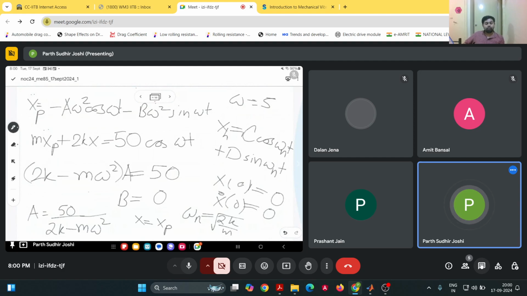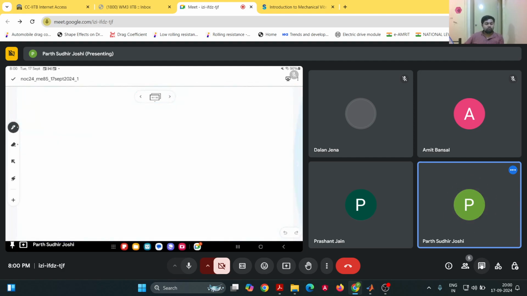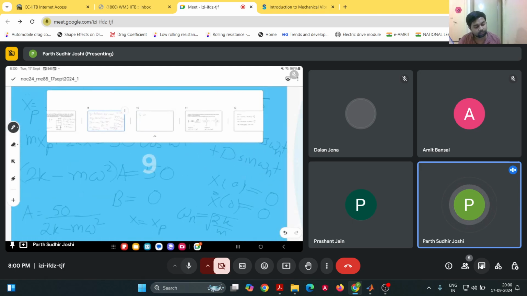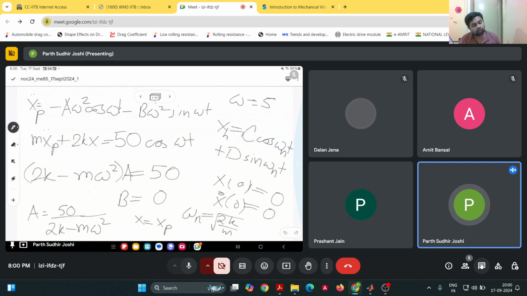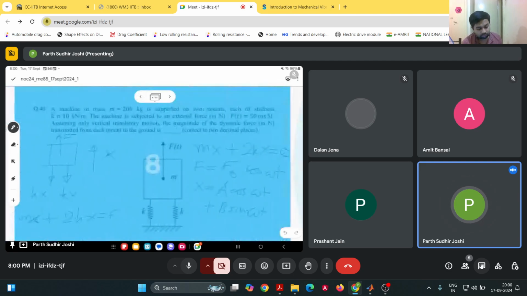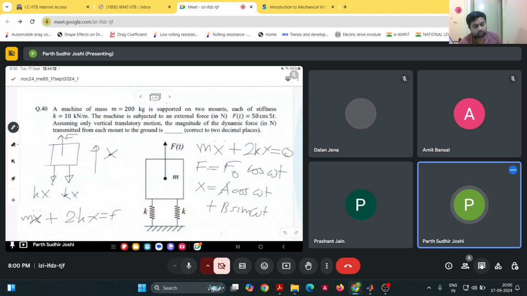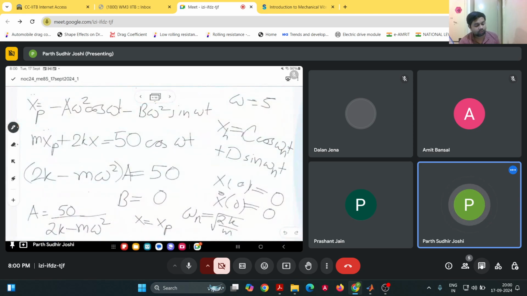Then the forces: 2kx is the total spring force which is being transmitted to the ground, and we know that x is now the same as this a cos omega t, right? B is 0, and we have found the value of a.